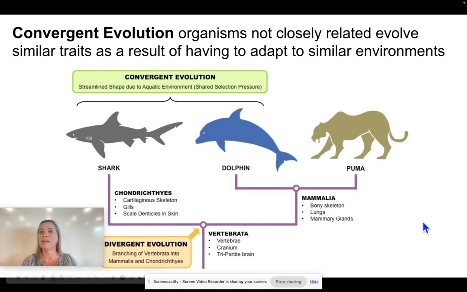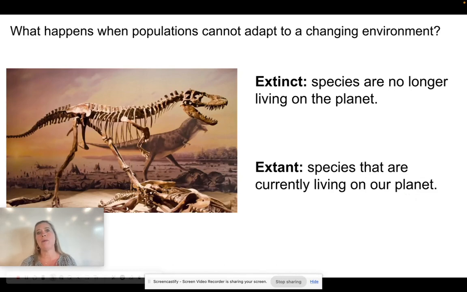And that can be a little bit confusing when you're trying to use a cladogram to group organisms into set families or clades. So what happens when a population cannot adapt to a changing environment? What happens if one ancestral species has various forms, but none of them are fit for the environment? They're going to go extinct. Species that go extinct are no longer living on this planet.